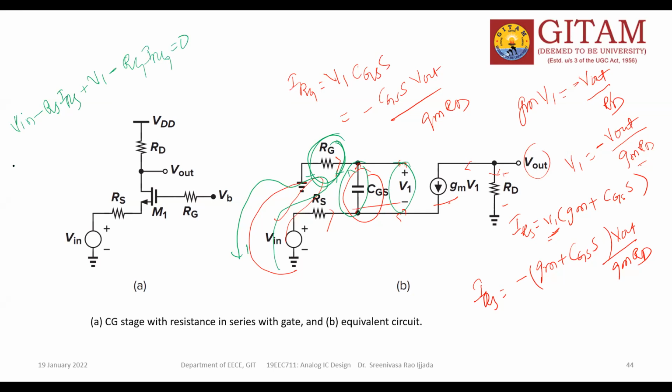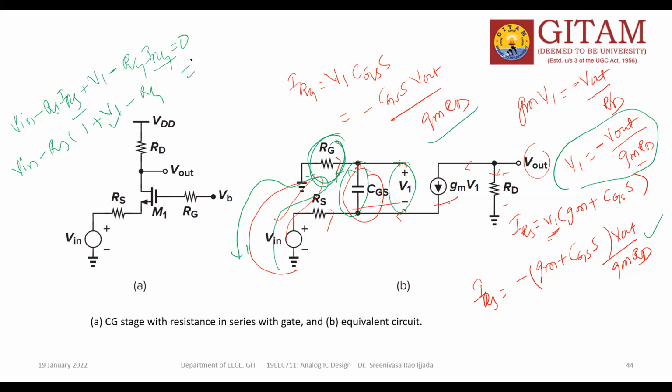In this, Vin minus RS into IRS, substitute this value, plus V1, this is the V1 value, substitute here, minus RG multiplied with IRG, this is the IRG value, substitute here. Then you get your equation in terms of input and output.